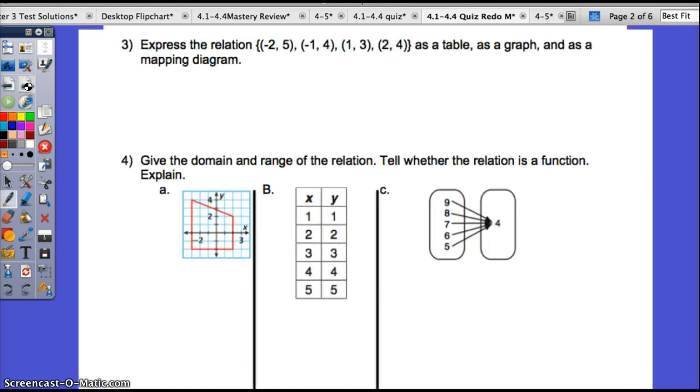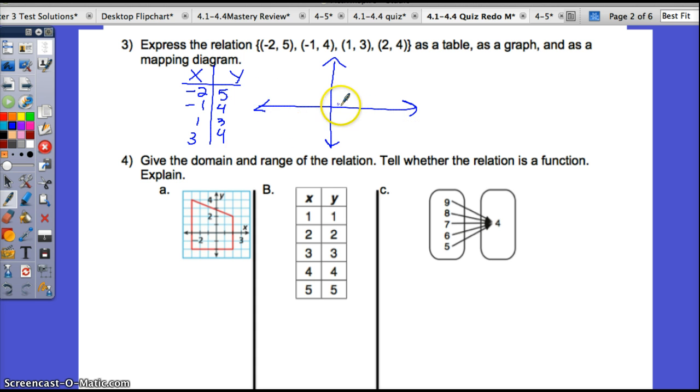Number 3, express the relation as a table, a graph, and a mapping. So you have this relation. As a table, you have x and y. So your x values are -2, -1, 1, and 3, and your y values are 5, 4, 3, and 4. For your graph, you need to make a coordinate plane with arrowheads.